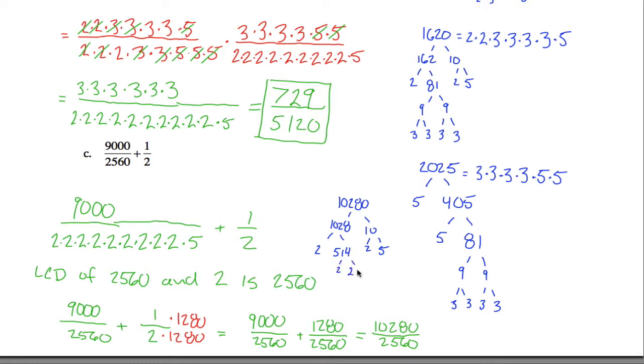In this case, 257. Geez, hope that's prime. Yeah, it's not even. If you add the digits up, it's not divisible by 3. It's not divisible by 5. You can just check to make sure 7 doesn't work. If you keep trying numbers, I don't think you'll find anything. I think 257 is prime. I might say you don't have to reduce this answer. I might tell you in class that this is a perfectly good answer. But I'm going to finish it anyways as long as I'm here.